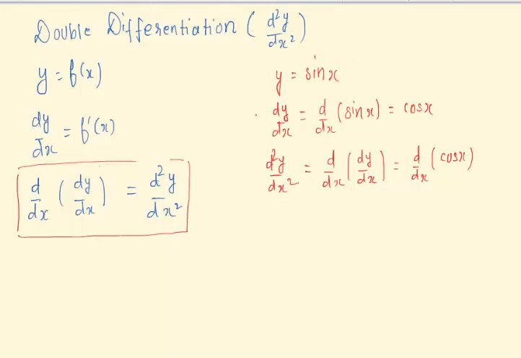So we have substituted dy by dx with cos x, and the result will follow. So the double derivative of sin x would be the differentiation of cos x, which is minus sin x.